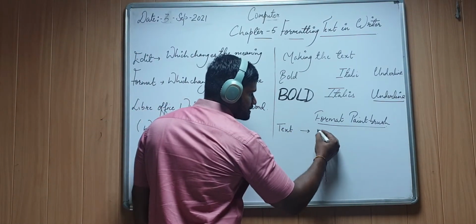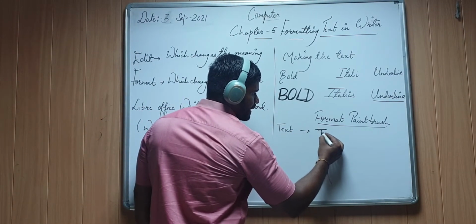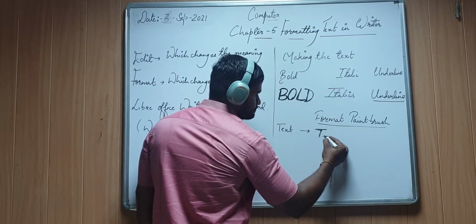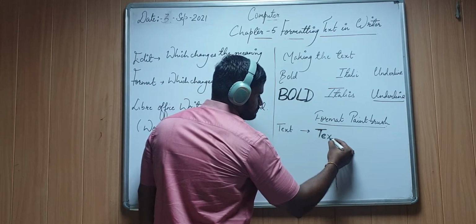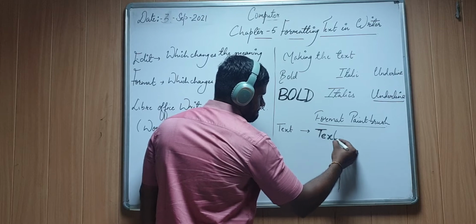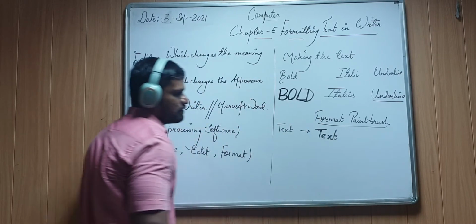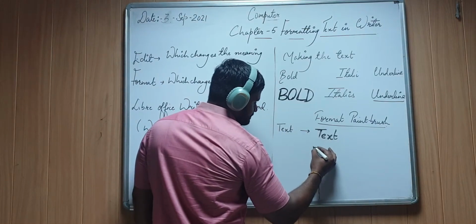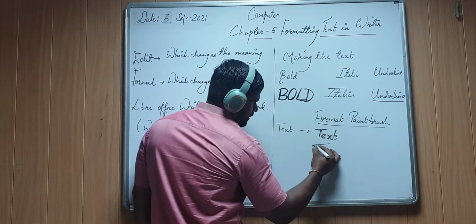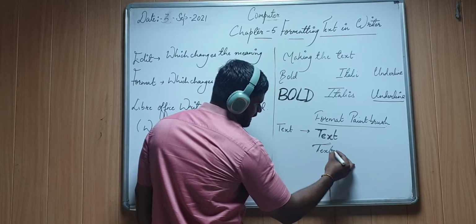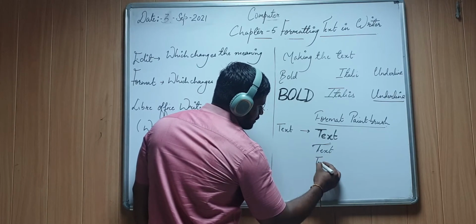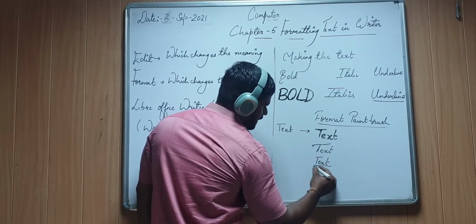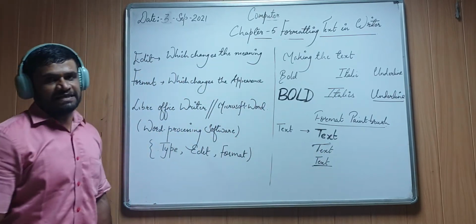I applied the first formatting step by making it bold. Then I applied the next formatting step. Let's make it italic. And then underline. So I have applied 3 formatting steps on the word text.